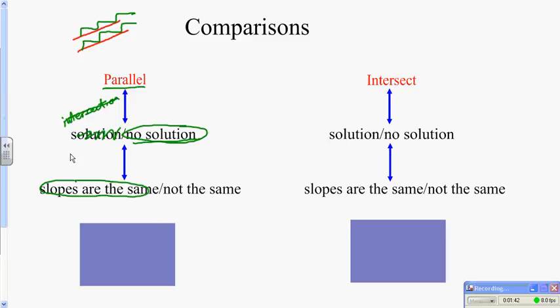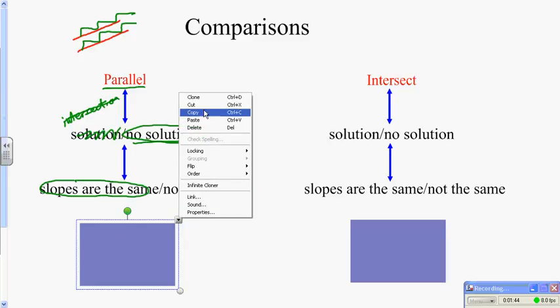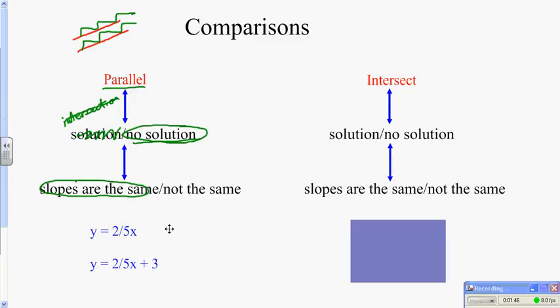An example of that would be right here. Notice that we have the same slope for each one. That tells us that they are parallel and do not intersect. But a key part that we mentioned yesterday is they also have to have different y-intercepts.